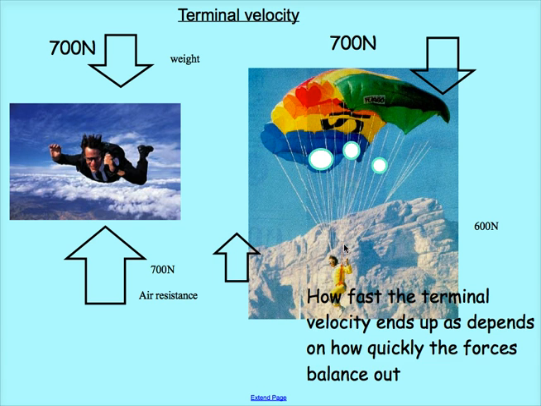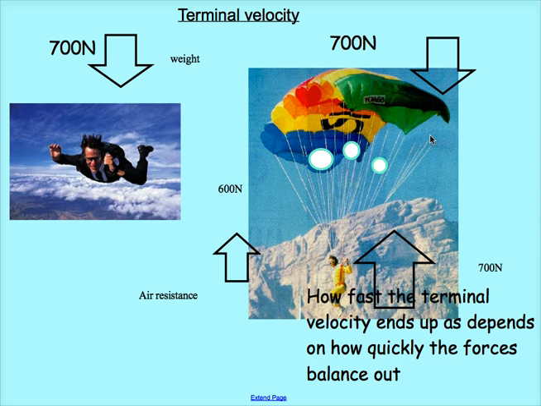As he speeds up, more air hits it until the air resistance reaches 700 newtons, balancing out his weight, the same as that one. At that point, he's reached his terminal velocity. It was very quick because it already started at 600, so he hasn't had much time to accelerate. Therefore, his terminal velocity is much lower than this one's.